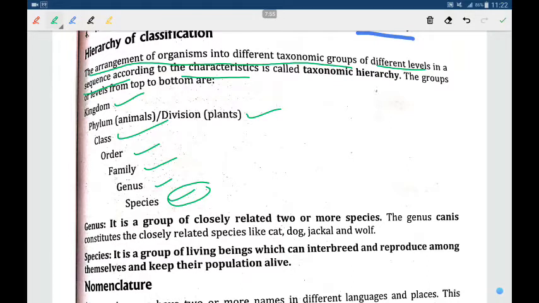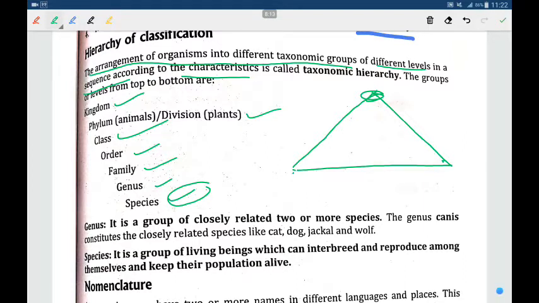Suppose it is kingdom, many organisms are in the same kingdom, but species are different.